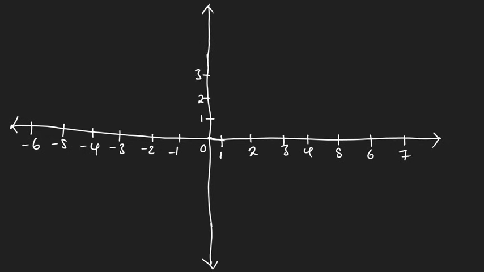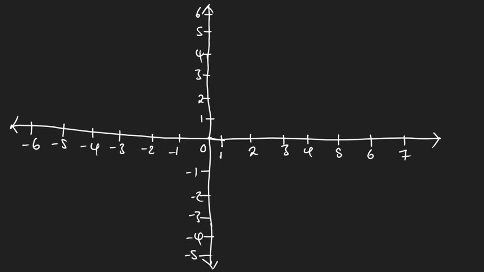So I'm going to say 1, 2, 3, 4, 5, 6, 7. 1, so in negative, negative 2, negative 3, negative 4, negative 5, negative 6. 1, 2, 3, 4, 5, 6. 1, 2, 3, 4, 5.